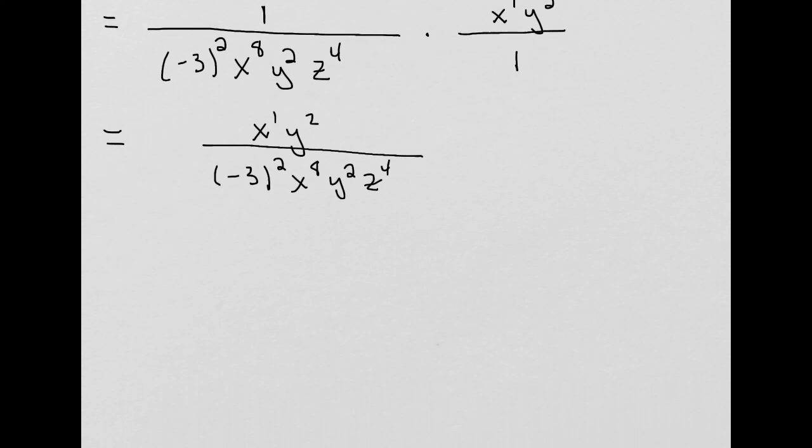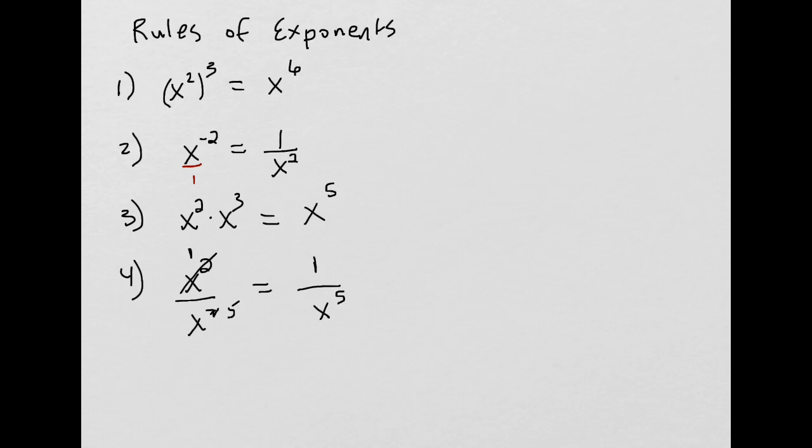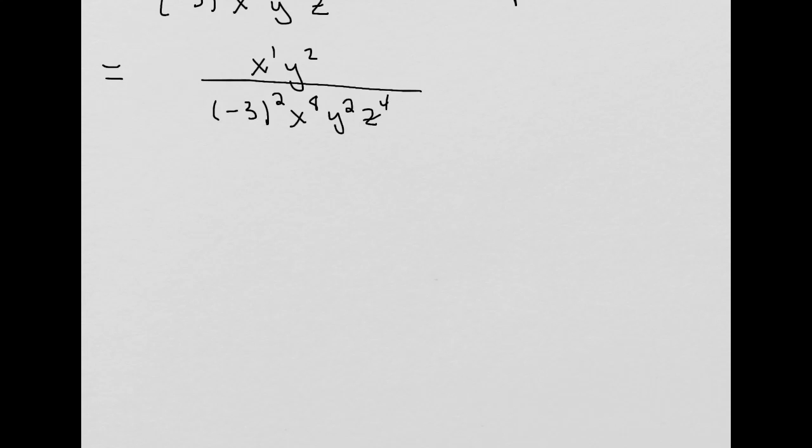Okay, fourth step. If I look back at my rules, the fourth step tells me how to divide like bases by each other. So again, what I look for is where do I have more factors of my like base, and then I subtract from there. So let's look at what we've got.